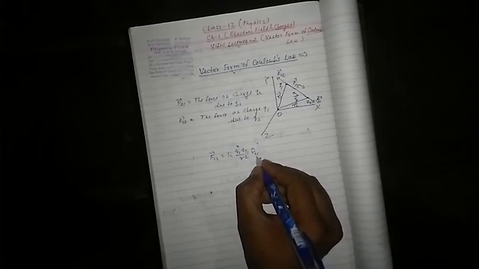This is the unit vector r21. The magnitudes of r12 and r21 are equal, that is r, and a unit vector a is the vector a divided by its magnitude.